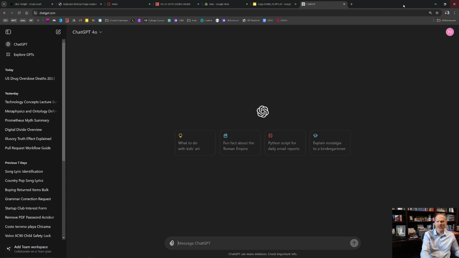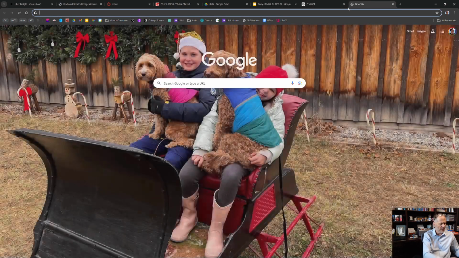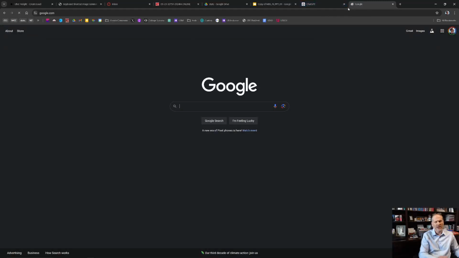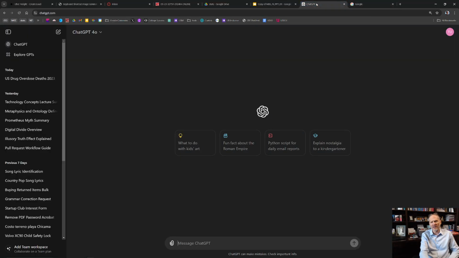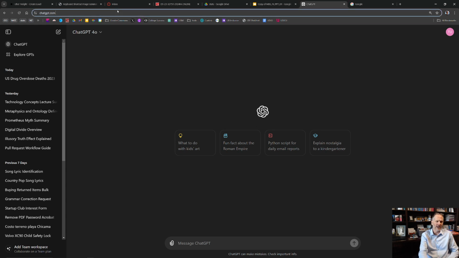And first, I just want to illustrate the difference between a search engine like Google. So here I am at Google, and generative AI like ChatGPT. So there's different places you could find generative AI. Bing has its own version, Google has its own version, but the best version that I believe, in my experience, is here at chatgpt.com. It's created by OpenAI.